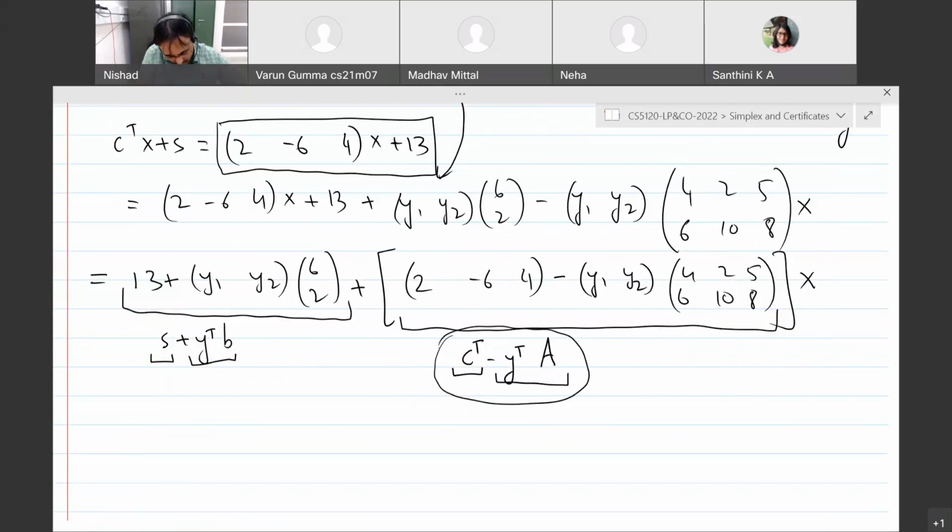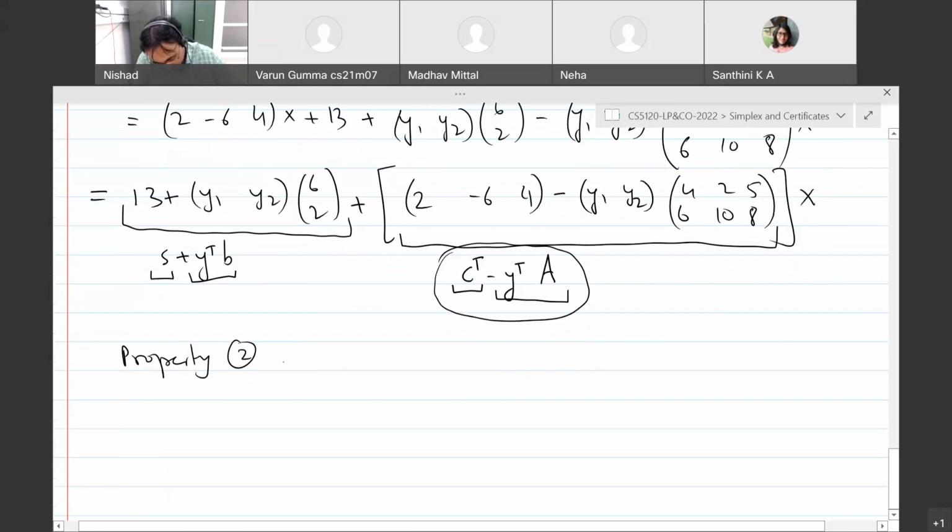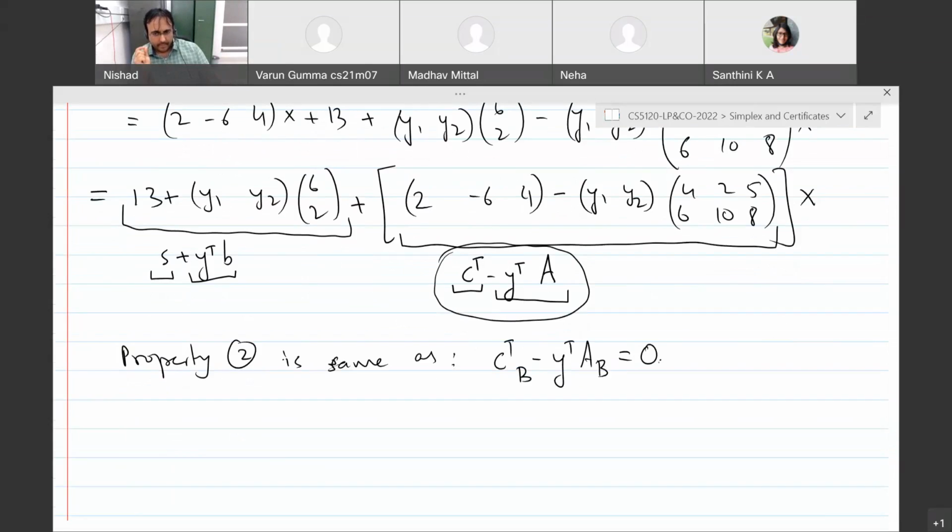So property 2 is the same as saying that I want C transpose B minus Y transpose AB to be equal to 0. I just want the basic entries to be exactly equal to 0. And I can always do this because I can just compute my Y based on this equation.